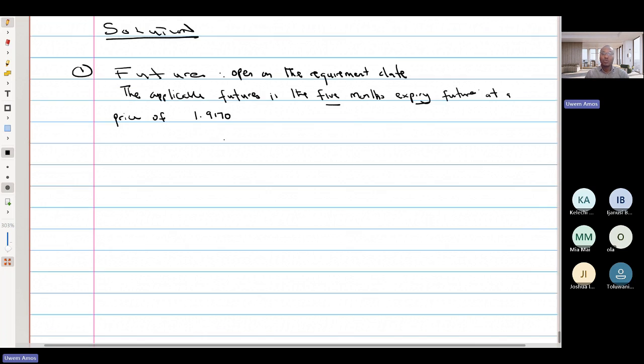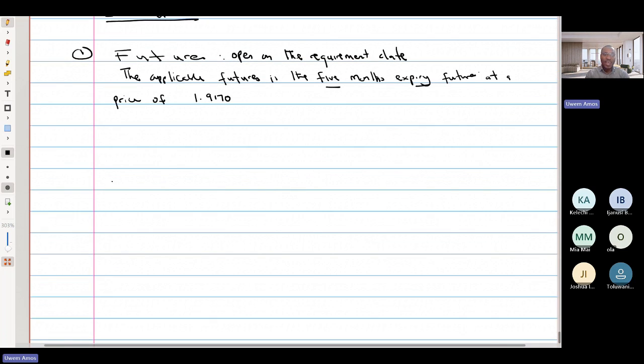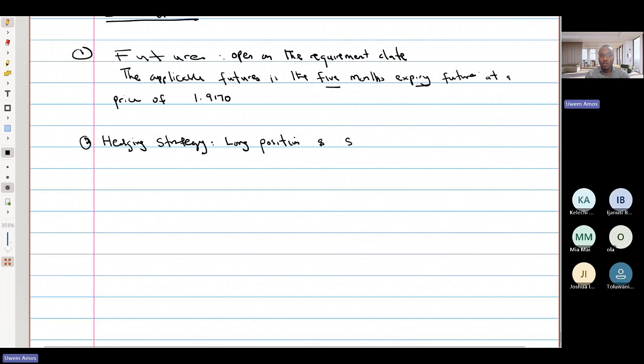The second thing we would do would be to determine our hedging strategy. And there are two basic hedging strategies. Just to keep it really simple for you guys, we have the long position and the short position.